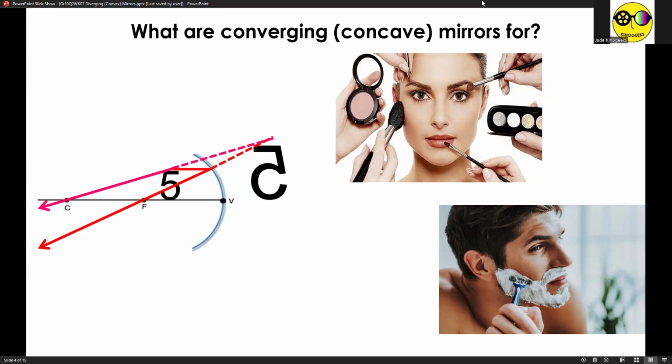So you can spot which areas need some lightening up or darkening, or which areas of your face have a poorly shaven portion.